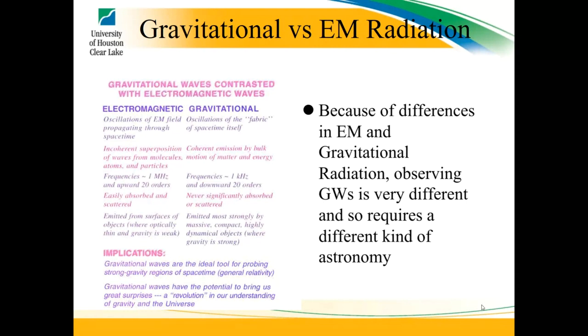The frequencies of electromagnetic waves tend to start at about 1 megahertz and go up about 20 orders of magnitude, where the frequencies of gravitational waves start at 1 kilohertz and go down about 20 orders of magnitude. So it's like they're in the same range as your hearing, but it can go much lower in frequency.